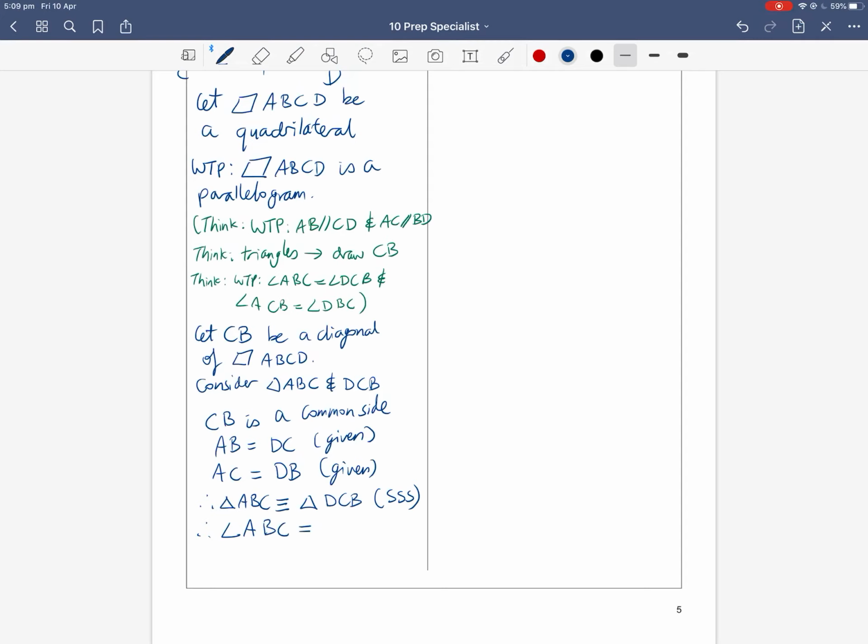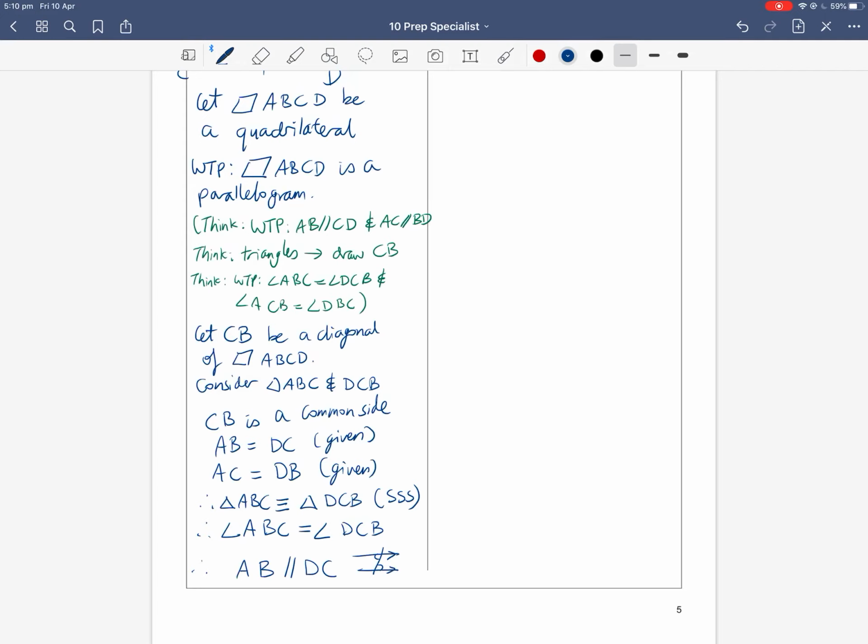So angle ABC is the same as angle DCB because of congruent triangles, and then hence because of the reverse alternate angle rule, we have that AB is parallel to DC because we've got the alternate angle reasoning.